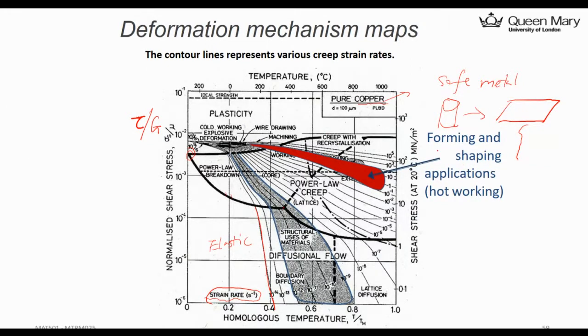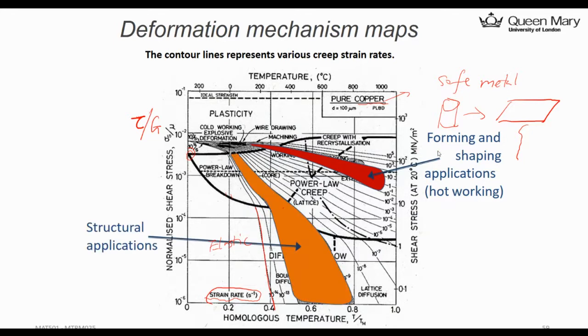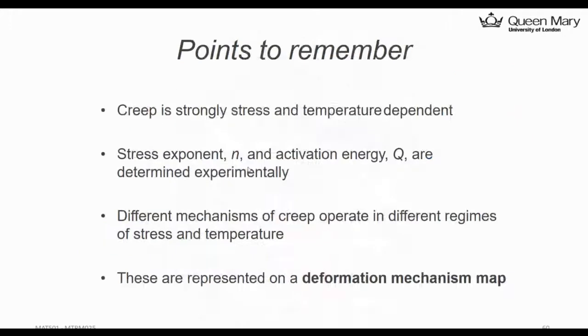And this is more like an application side from this map. And if you want to use that in a structural application, you don't want it to creep very quickly. So most of the time it's in this region. So temperature shouldn't be too high. And you will see the stress varies from the bottom to the top. Okay? That's for the application argument.